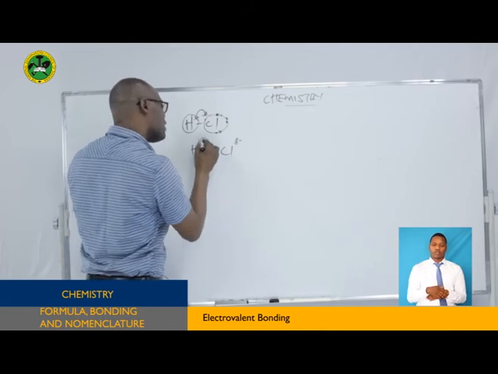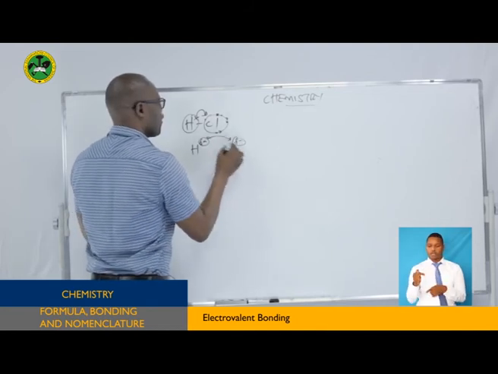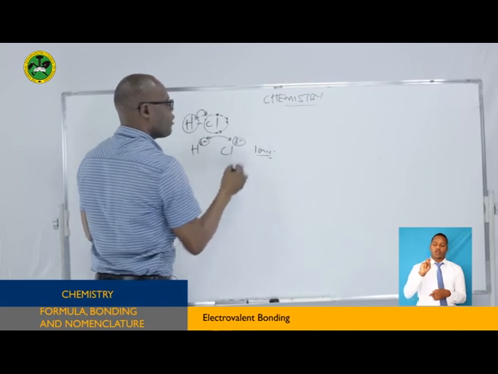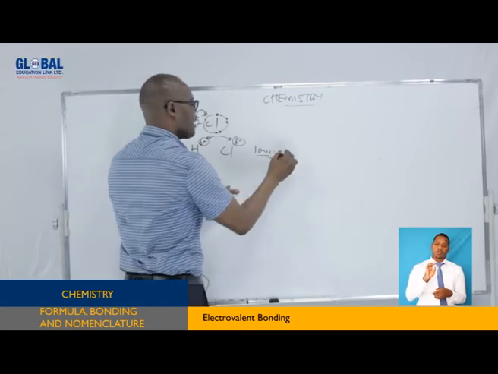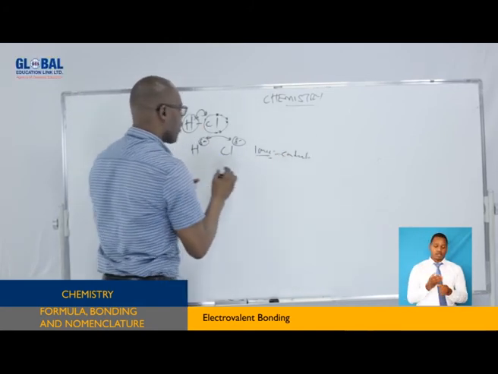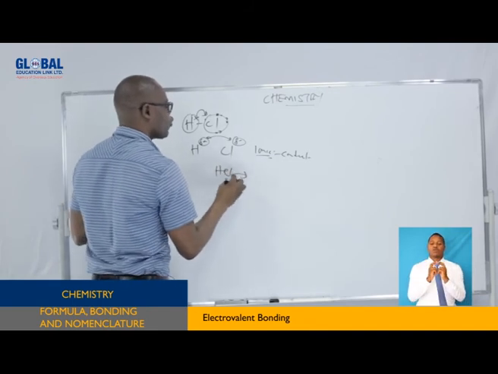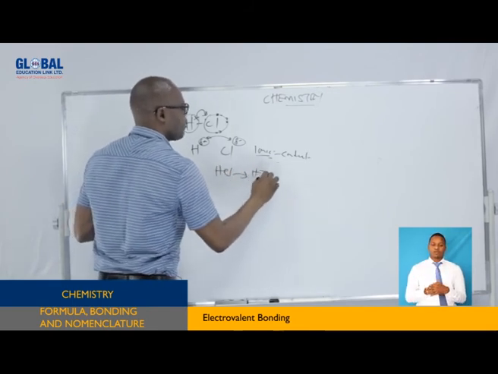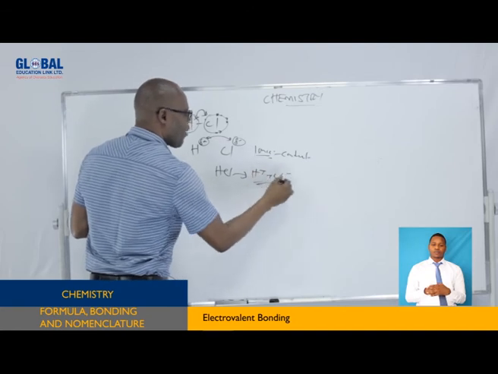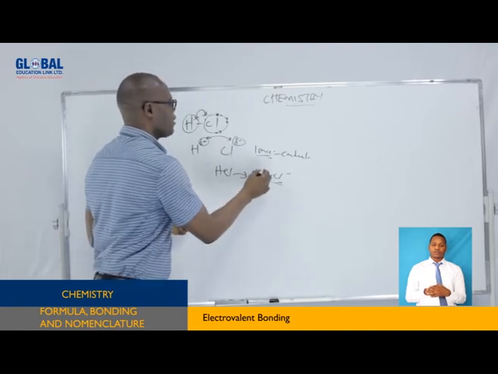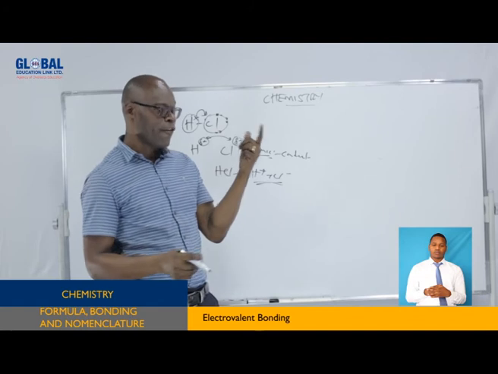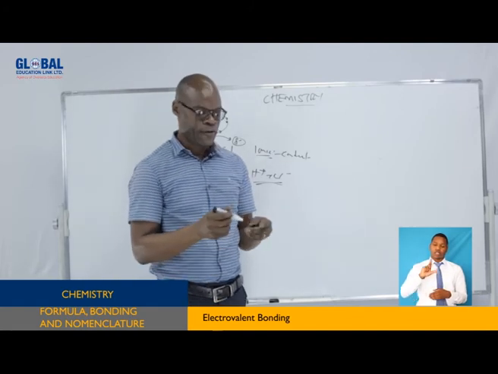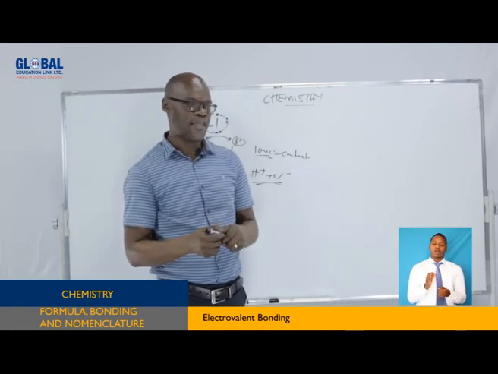Because there is positive and negative, they form what is called an ionic bond. Ionic character means they will conduct electricity, because HCl will dissociate to give hydrogen ions and chloride ions. These ions are the ones conducting electricity. So HCl can be covalent, and at the same time electrovalent in one way or the other.